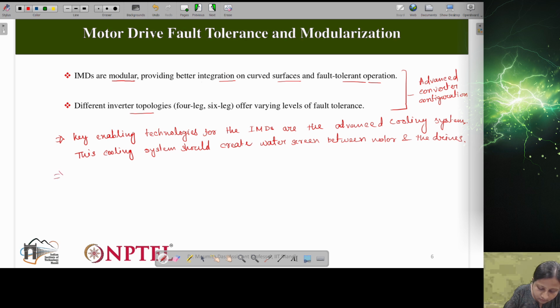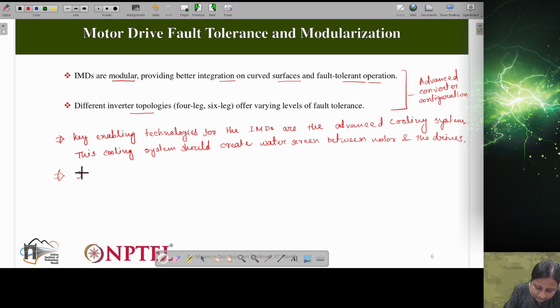Okay. So this cooling system, unlike conventional cooling systems, will not be suitable for IMD application. We need a special kind of cooling, and for that, exploration in the cooling area is very important for any application of wide bandgap devices. What are the different cooling methods in use by the industry, right?